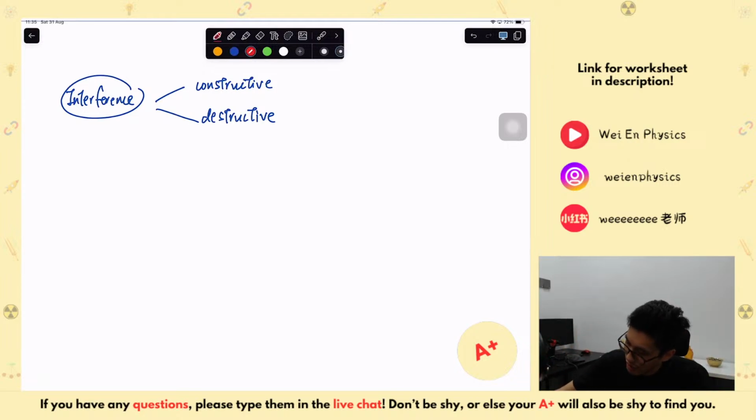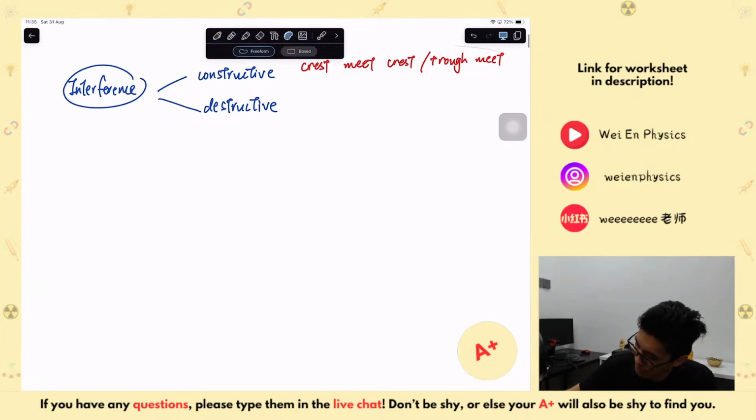So if they ask you for the meaning of constructive or destructive, you say constructive is when the crest of one wave meets the crest of another wave, or the trough of one wave meets the trough of another wave.